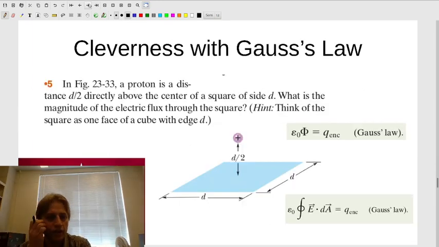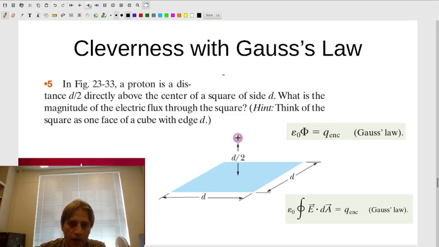Now, let's just look at a way that you can be clever with Gauss's law. It says a proton is at a distance d over 2 directly above the center of the square of side d. What is the magnitude of the electric flux through the square? Now, if you were going to do this problem directly, it would be pretty tricky because you'd have to split it up into a bunch of little squares, right?